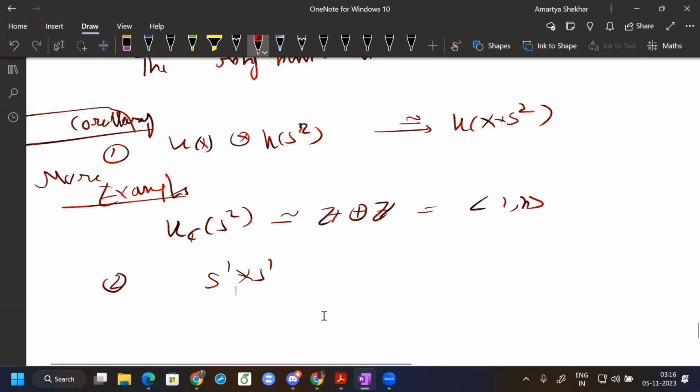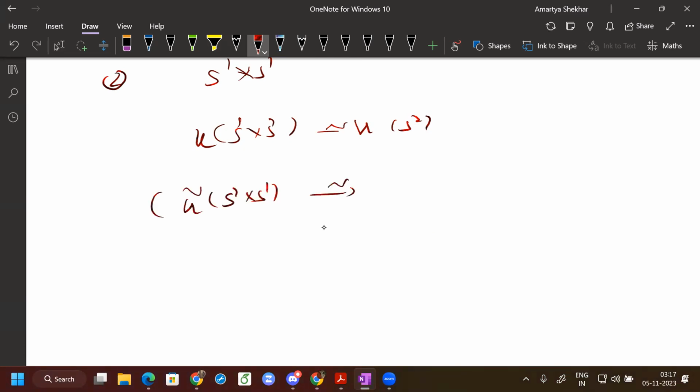So for the torus, this is like an argument. I remember that K of the torus is like the K of S squared, but let me try to remember that. So going to reduced K, you'll get something like this. This is the argument basically.